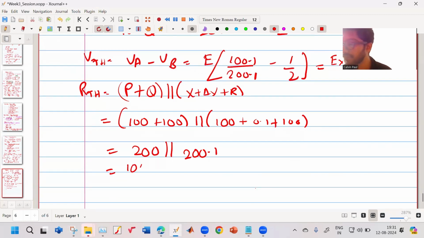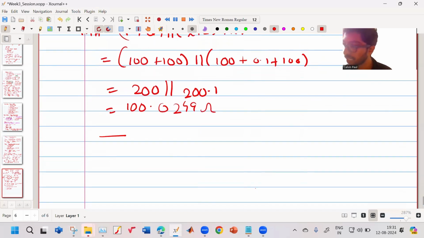So this becomes 100.0249 ohm. So now what we can do is, I know my V Thevenin. I know my R Thevenin.